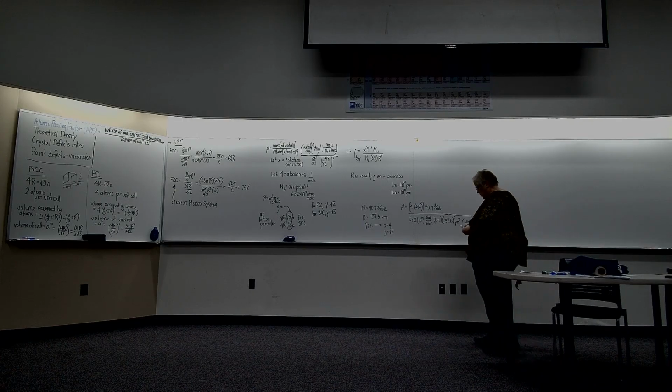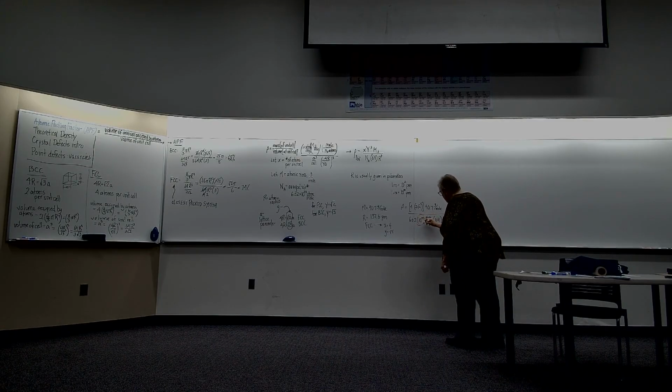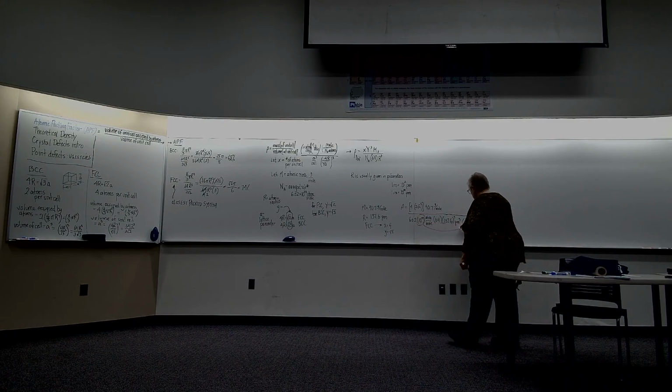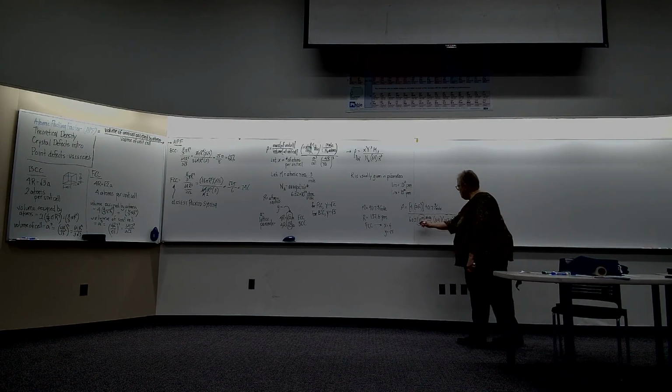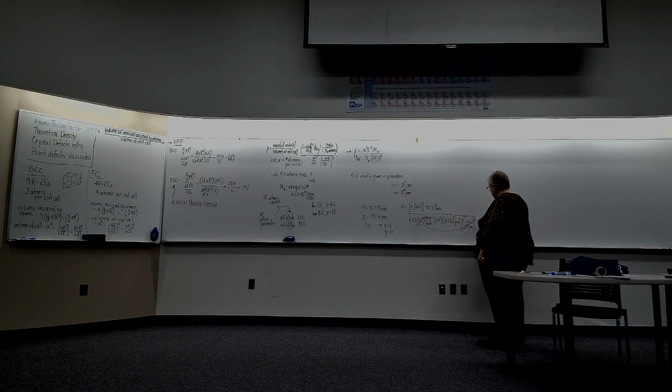So I want to take 10 to the 23rd and 1 over 10 to the 30th. Basically, 10 to the 23rd divided by 10 to the 30th, and just make that 10 to the negative 7.